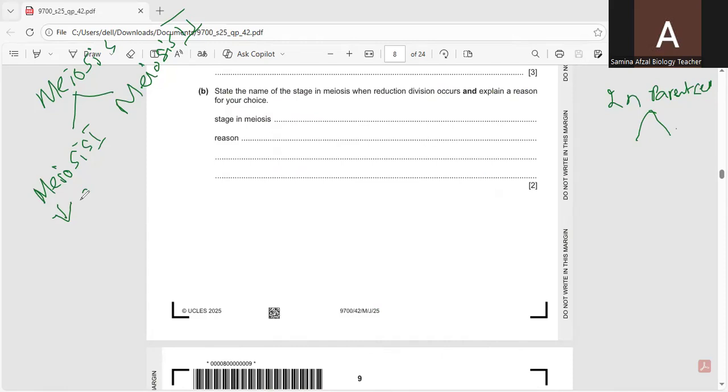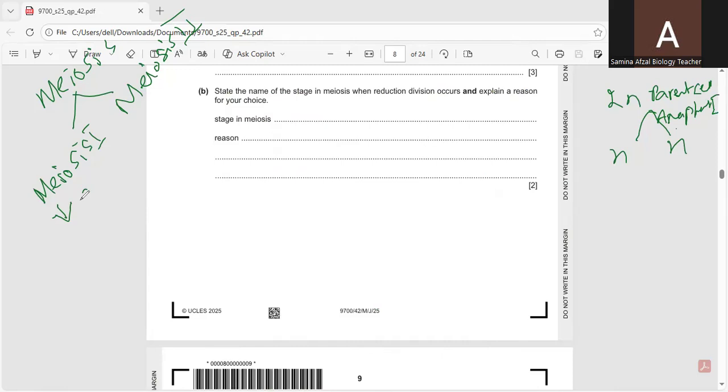Therefore, the cells transition from having the full diploid number of homologous pairs to the haploid number of chromosomes, from 2n to n and n. This occurs during anaphase 1.